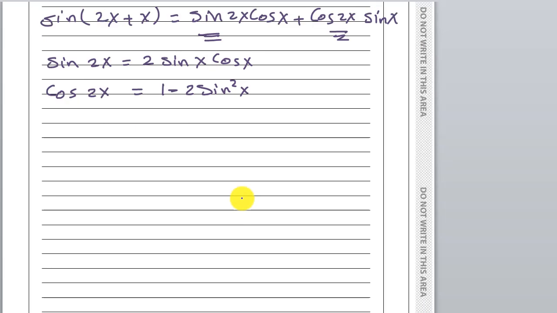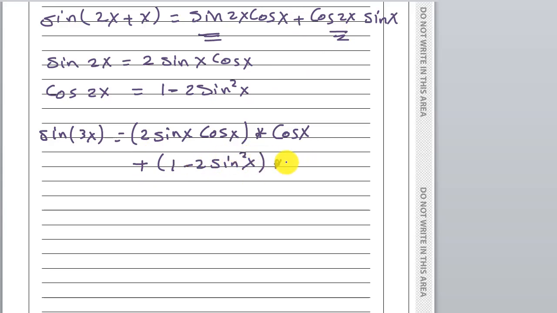So let us go now to sine 3x is equal to sine 2x, which is 2 sine x cosine x, multiplied by cosine x, plus cosine 2x, 1 minus 2 sine squared x, multiplied by sine x.